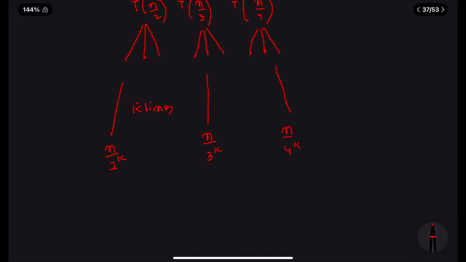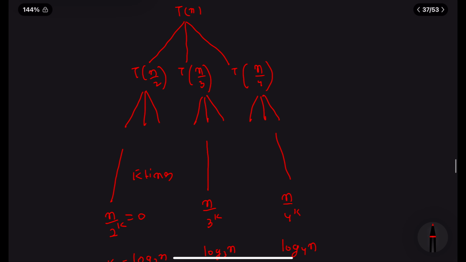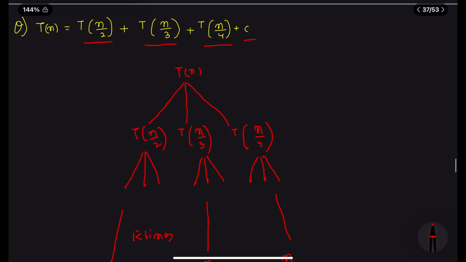If we find the value of k here, by setting this equal to 1, we get k equal to log base 2 of n, here log base 3 of n, and log base 4 of n. Now if we find the time consumed at each level, for the first level it will be only C, for the second level there are three function calls, so it will be 3C, for the third level there will be 9 function calls, so it will be 9C.